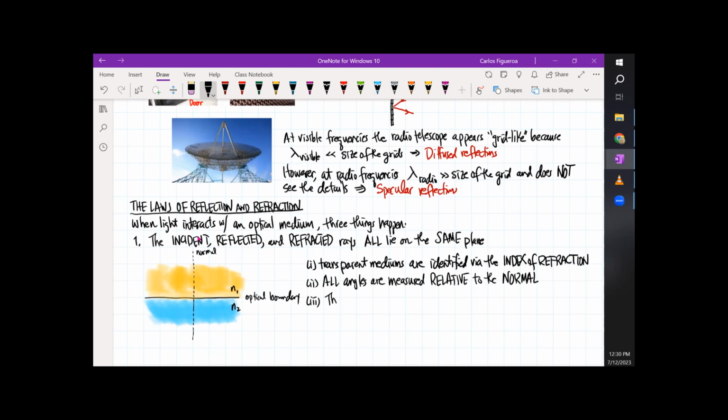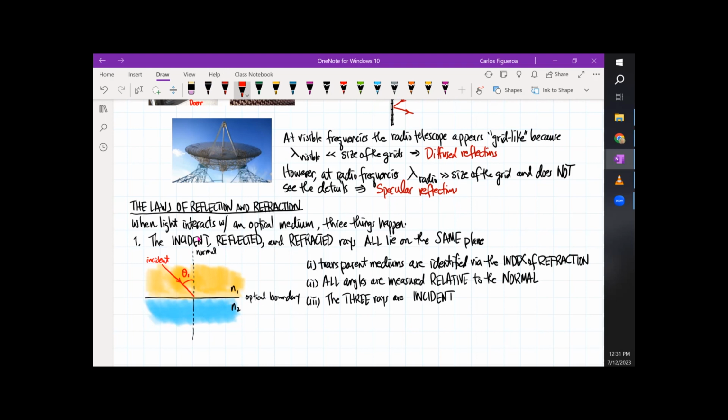The three rays are the incident. This guy is coming in, let's say it comes in like this, and this is the incident. We measure this angle, theta 1, relative to the normal.